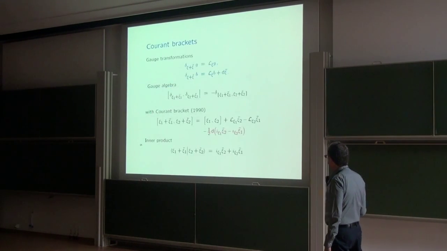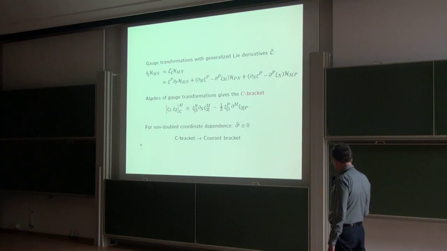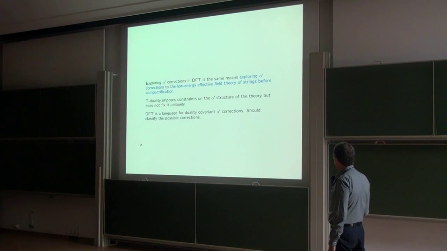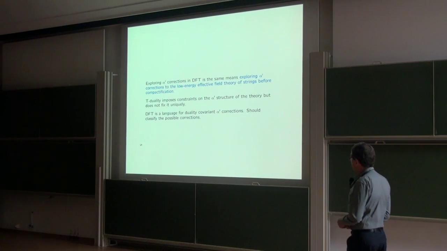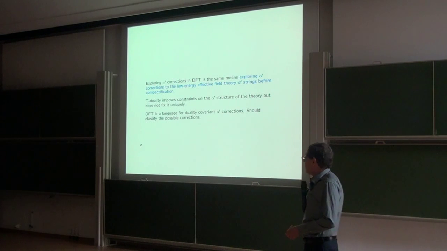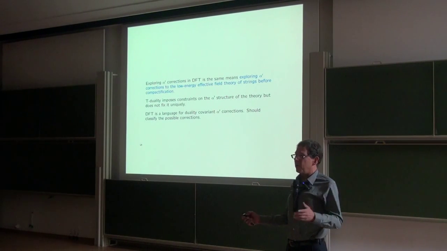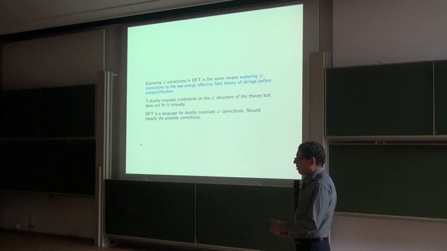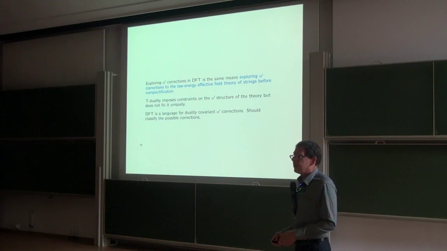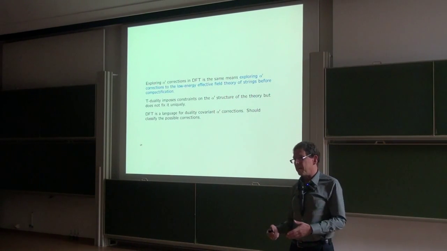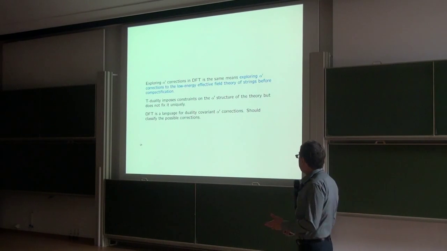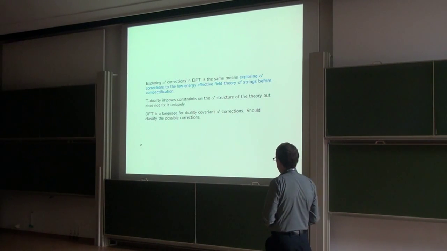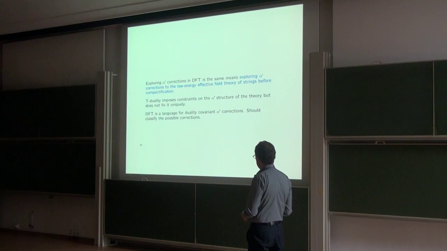So when you explore alpha prime corrections in double field theory, it's really the same thing as exploring alpha prime corrections to the low energy effective field theory. So it's not a formal problem that you're dealing with. You're really trying to figure out what the alpha prime corrections are.